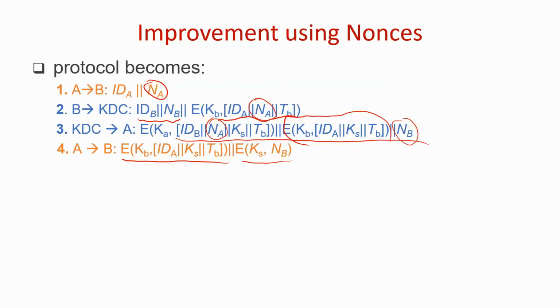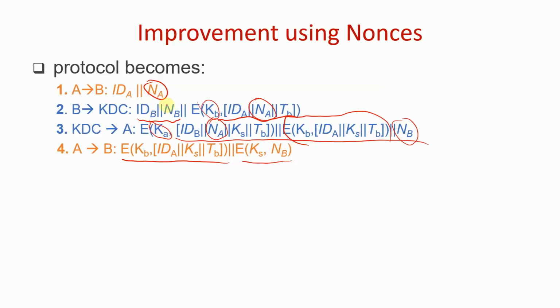In order for this to happen, it must be the case that the KDC has received it correctly and was able to decrypt it. That means the KDC is a legitimate entity because it must have KB in order to obtain A. And it is the KDC that sent it to A because it's encrypted with KA. So it's a three-way challenge response.